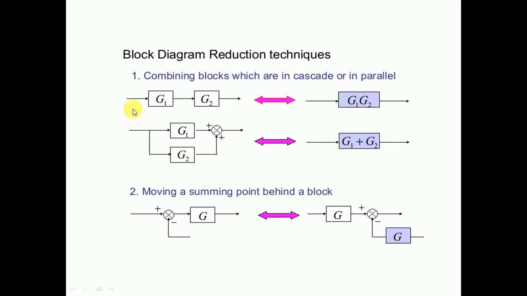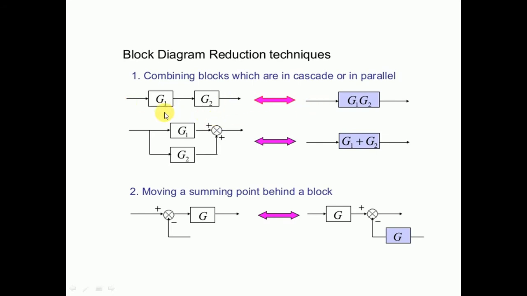If I take x as an input, then the stage I get here is x into g1, and if this is given as input to g2, then I will get x g1 g2. So this is the output for this state, and here the input is x.